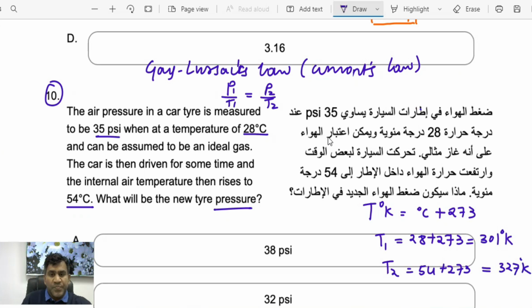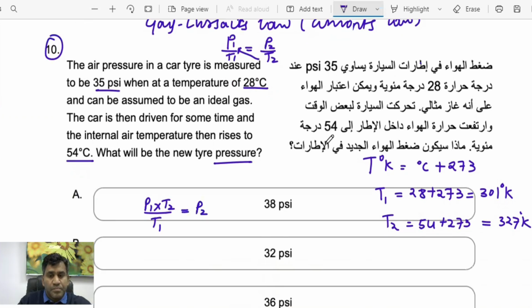Now substitute. Pressure one, I already know that. So this equation can be modified to solve for P2: just do cross multiplication, bring this T2 to the other side. Then your equation becomes P1 times T2 divided by T1 equals P2.